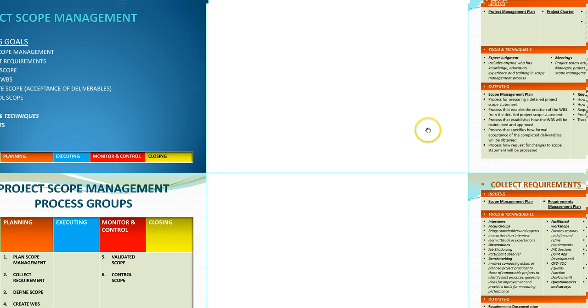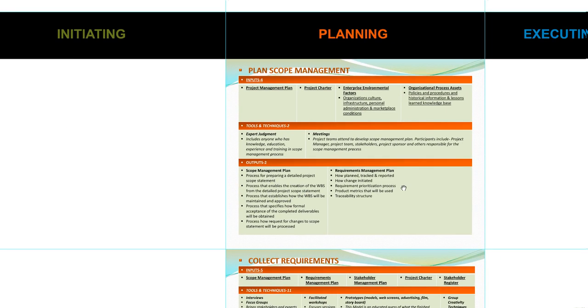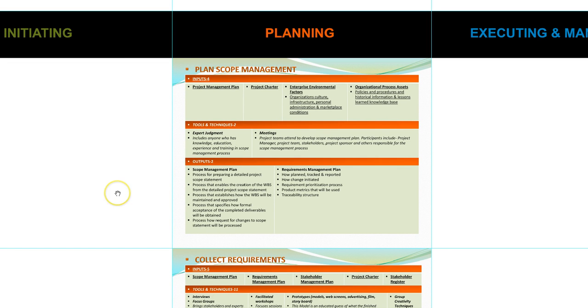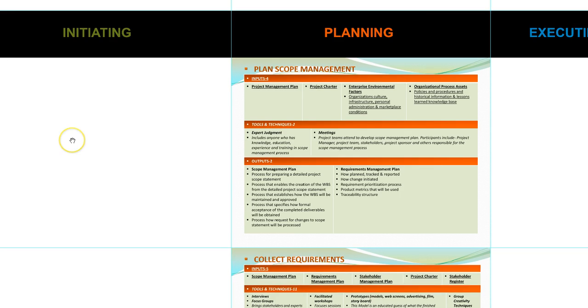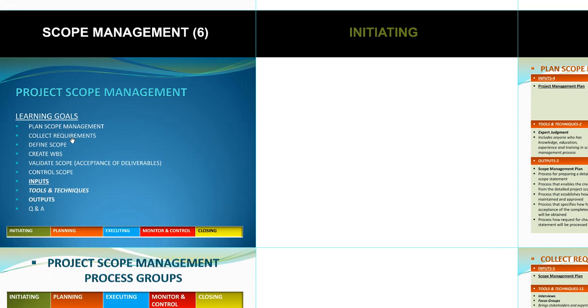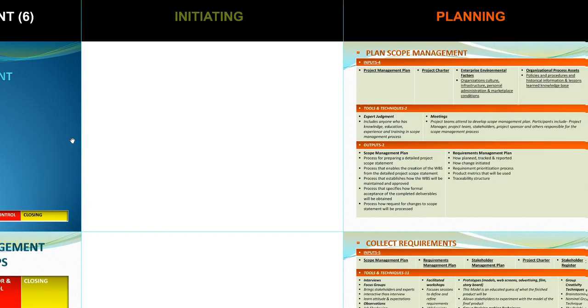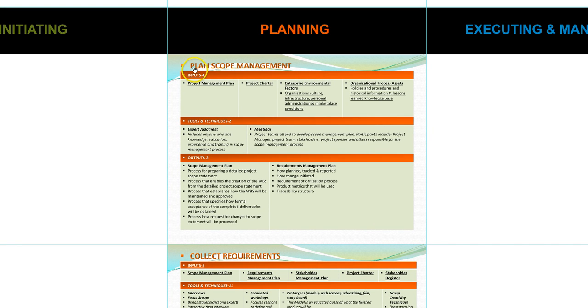So let's get to the first process, which is plan scope management. So obviously we are in the scope management knowledge area. So the first one is plan scope management. That basically defines how we are going to plan the scope. Now what is the scope?